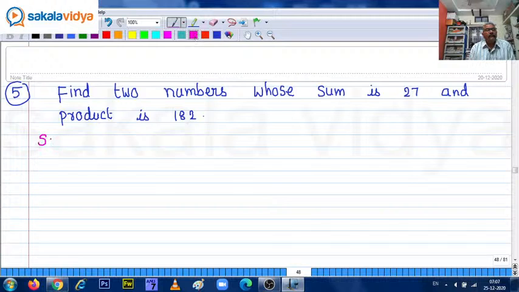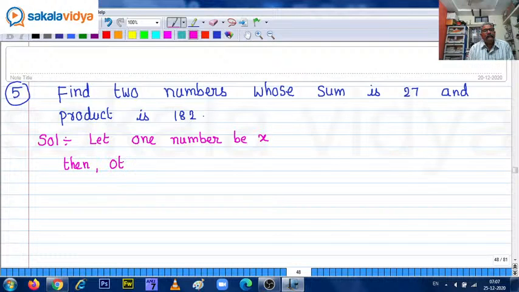Okay, solution. Let one number be x. We do not know. Then the other number, as the sum is 27, will be 27 minus x.